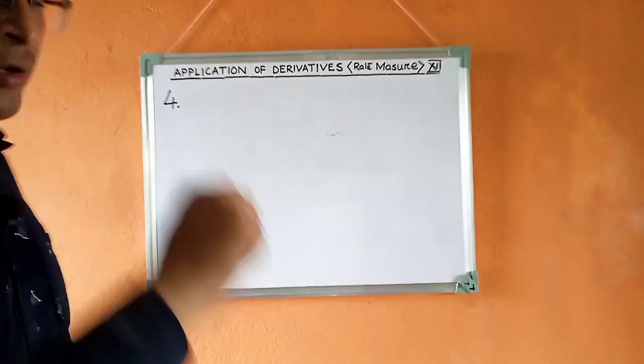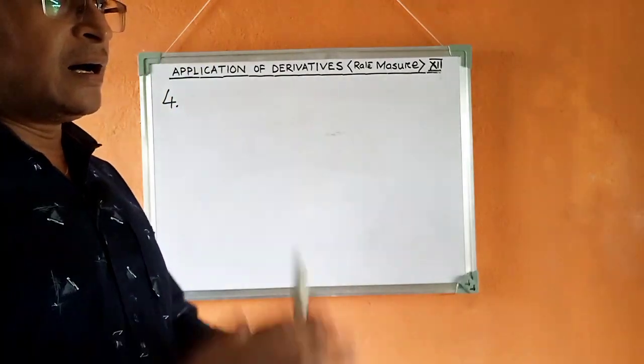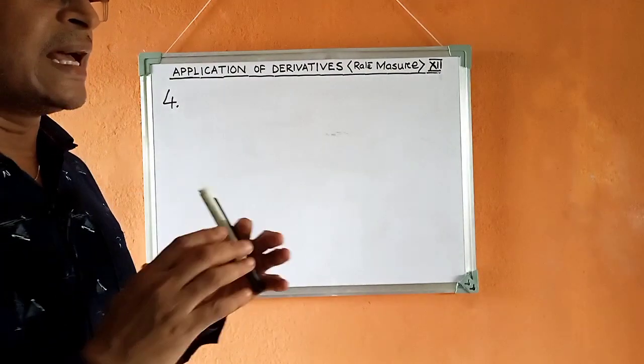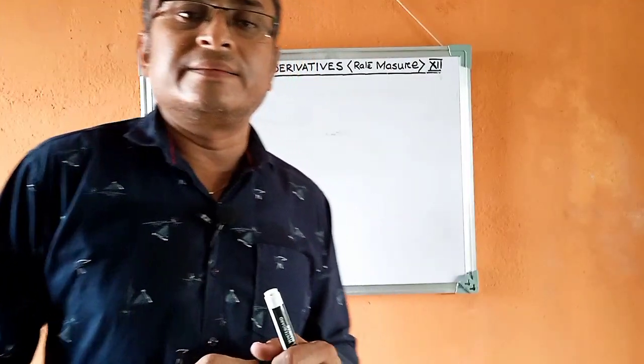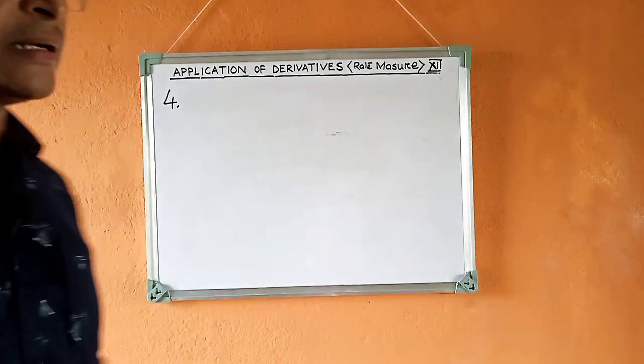First of all, you must know what a cube is. A cube has length, breadth and height, all the sides equal, that is called a cube. Now the volume of the cube is increasing at a constant rate.